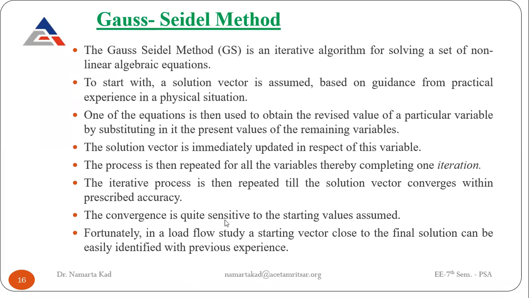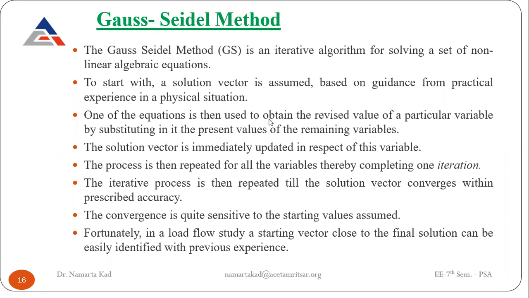Convergence is quite sensitive to the starting values assumed. It is also a very important point that convergence, meaning how many iterations it will take, depends upon how accurate our starting assumption is. If our starting assumption deviates away from the exact solution, then we need lots of iterations to achieve the exact answer.